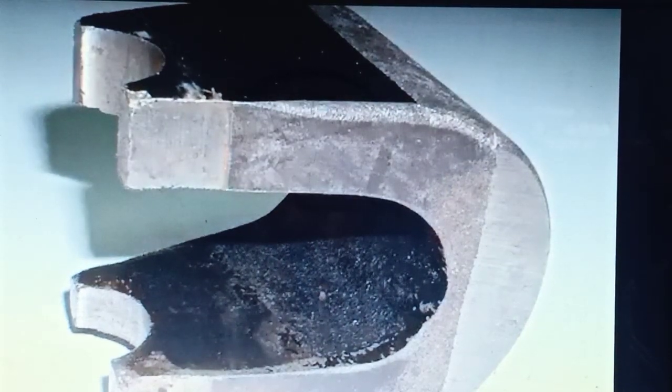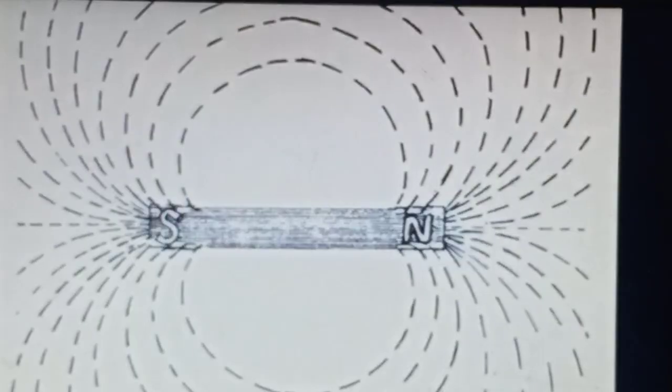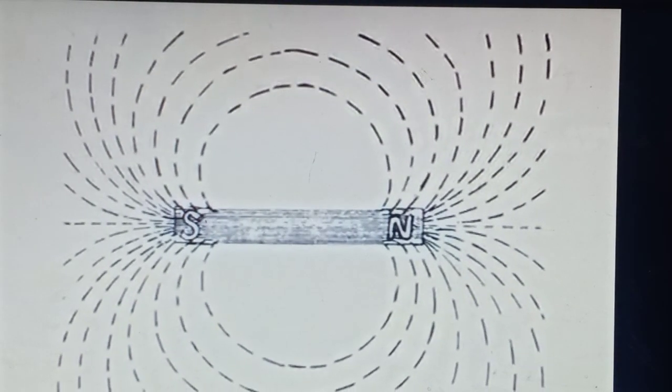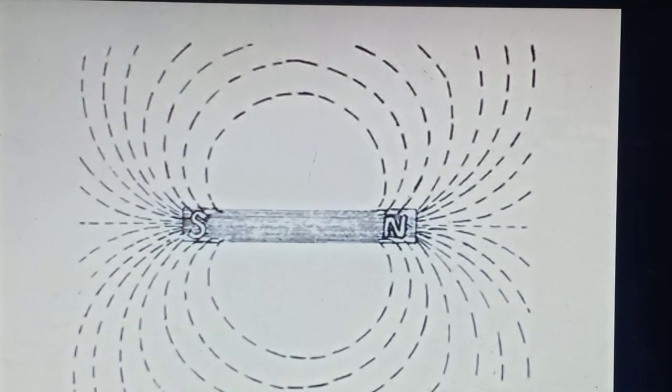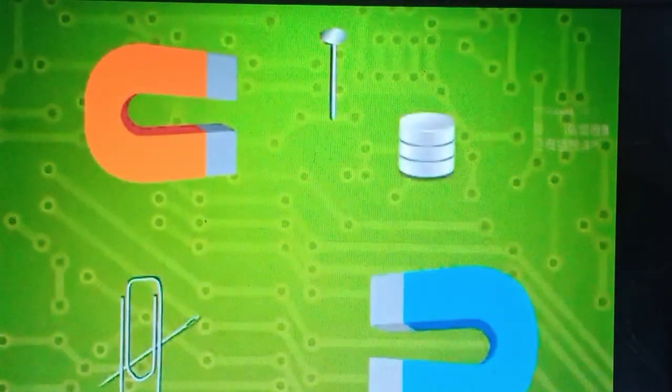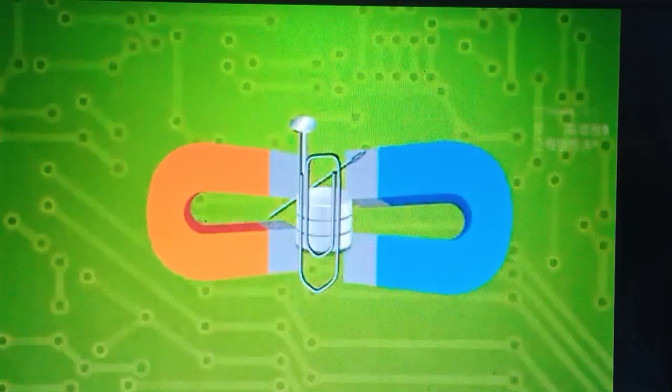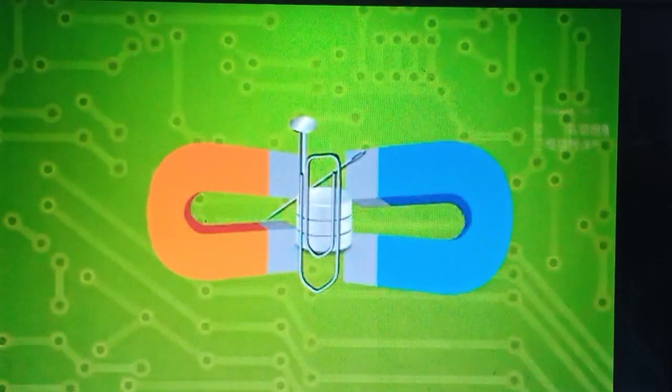Most things, magnets can stick to metal. Like a metal nail, magnets can stick to a metal nail. Magnets can stick to things like a penny, a paper clip, and a nail.